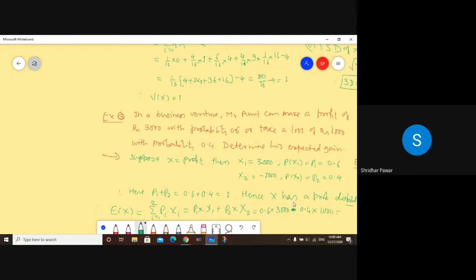Yes, this is 1800 minus this is 400, so the answer will be 1400. Therefore the expected gain is rupees 1400. So this is how you can find the expected gain or expected loss whenever the problem deals with it.